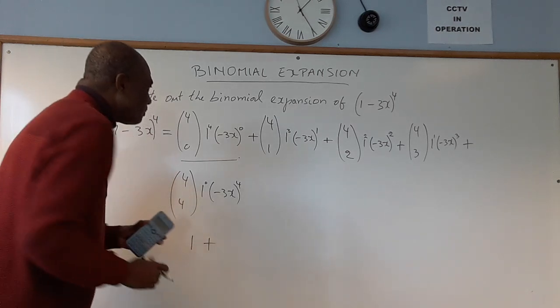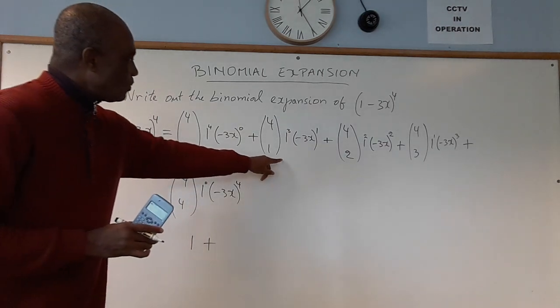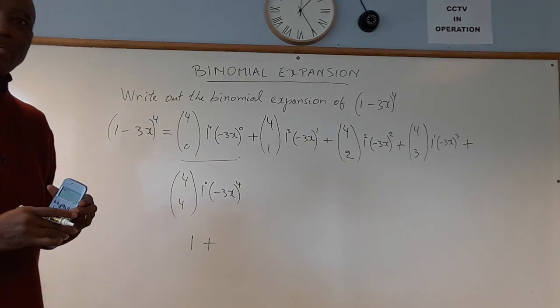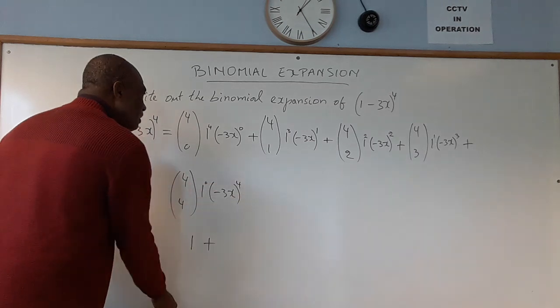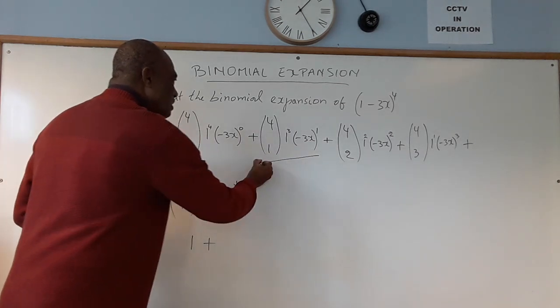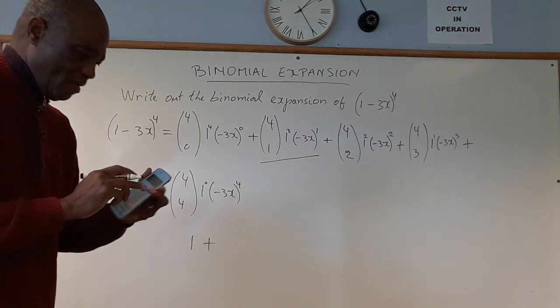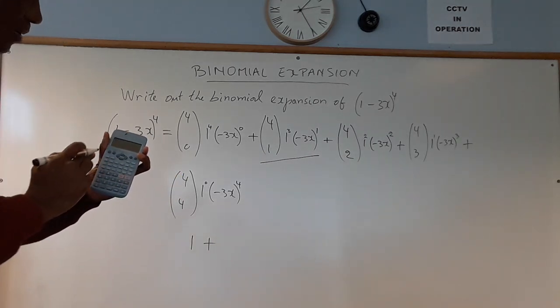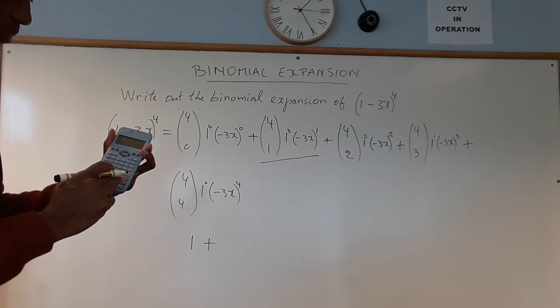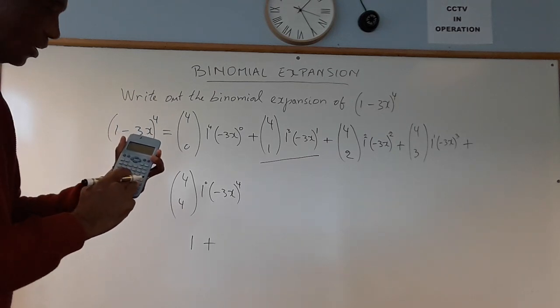Now we are going to calculate the second term. What will be the value of the second term? Second term is this one. Here again, we press 4, we press shift, and then we press that button again.